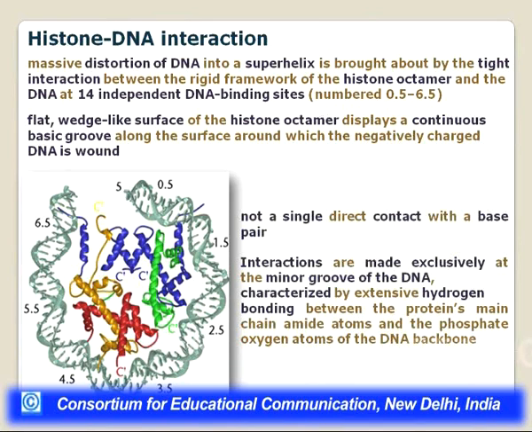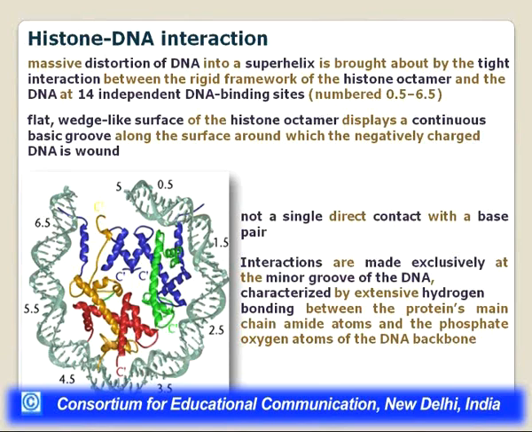So, the interaction between histone and DNA is primarily a non-covalent interaction. They are basically hydrogen bonds. Around 14 hydrogen bonds at these 14 sites are present between the DNA and the histone octamer. Of these 14 hydrogen bonds, 7 are in the minor groove.